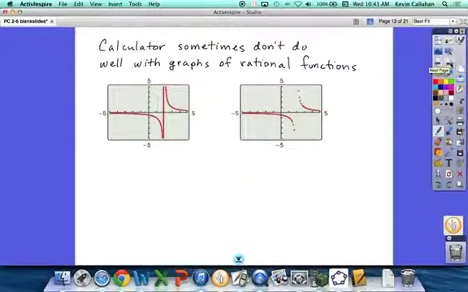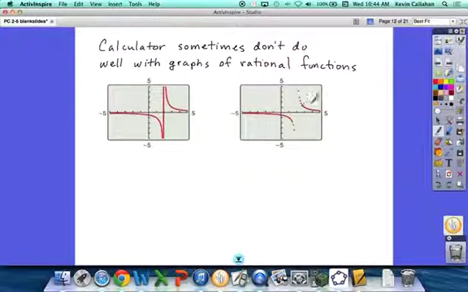But first, before we do one, there's a lot of this stuff that we do that the calculator has kind of overcome our need to do. But sometimes rational functions, if you try to graph them in the calculator, you get graphs that look like this, which are not accurate. Because it has a real hard time with vertical asymptotes.